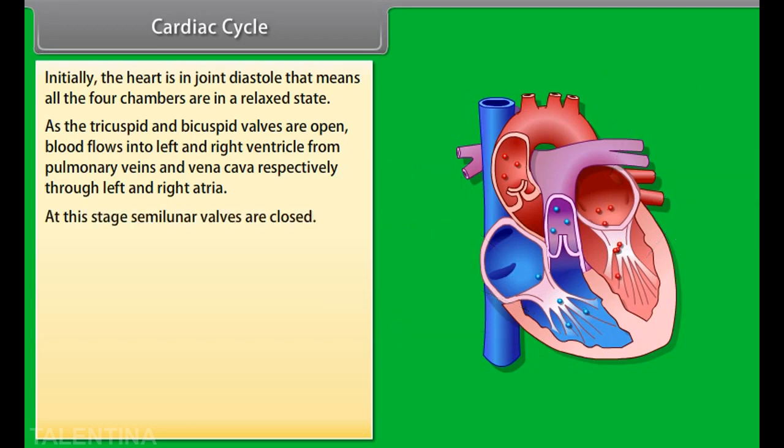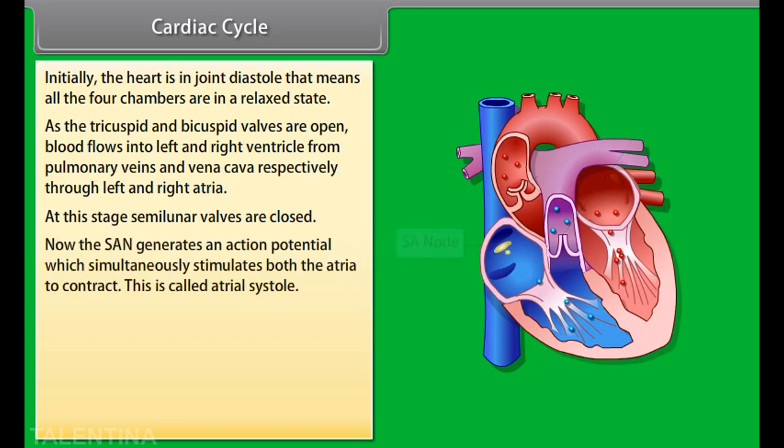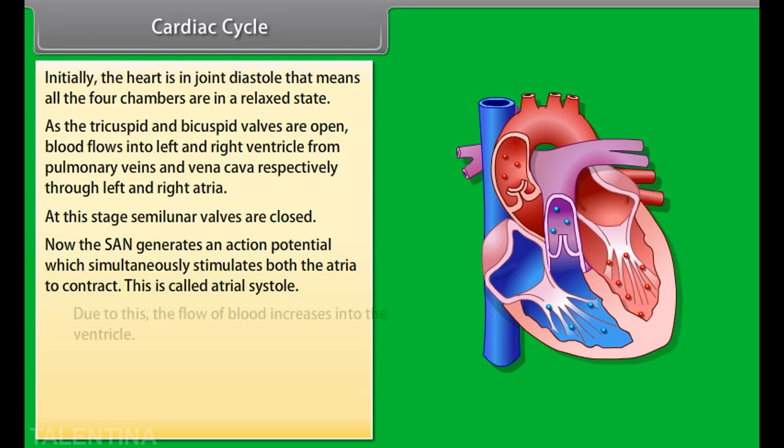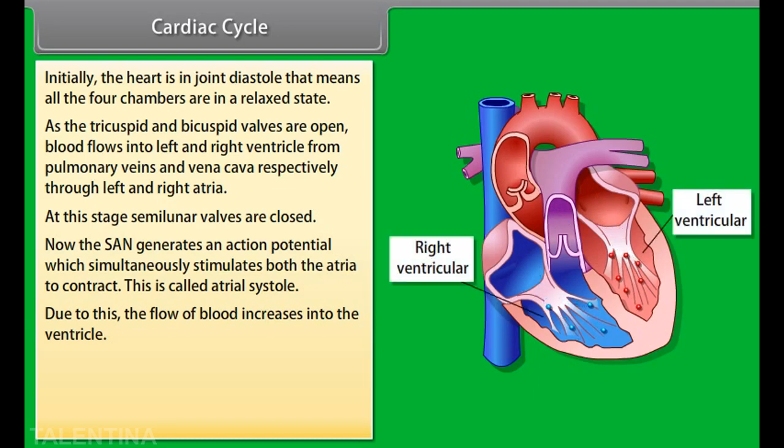At this stage, semilunar valves are closed. Now the SAN generates an action potential which simultaneously stimulates both the atria to contract. This is called atrial systole. Due to this, the flow of blood increases into the ventricle.